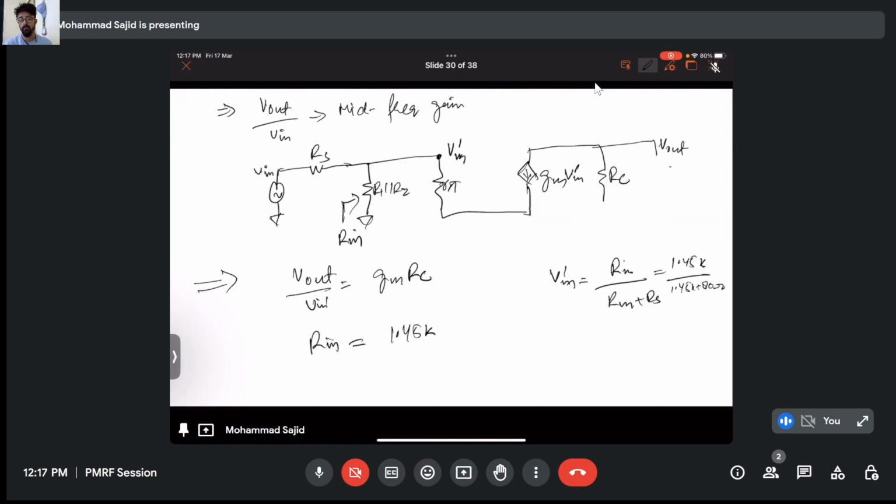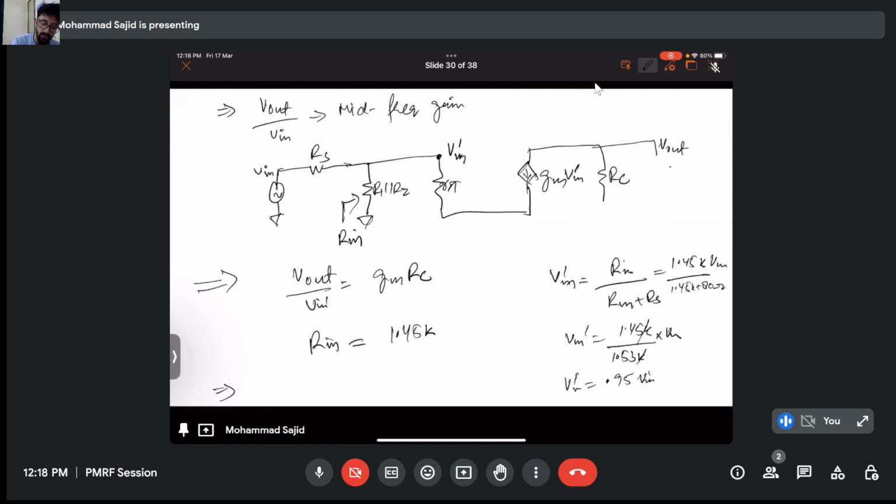We can write 80 ohm as 0.08K, and it will give me Vin dash equal to 1.45K divided by 1.53K into Vin. That is 1.45 divided by 1.53, 0.94. Vin dash will be approximately 0.95 Vin.